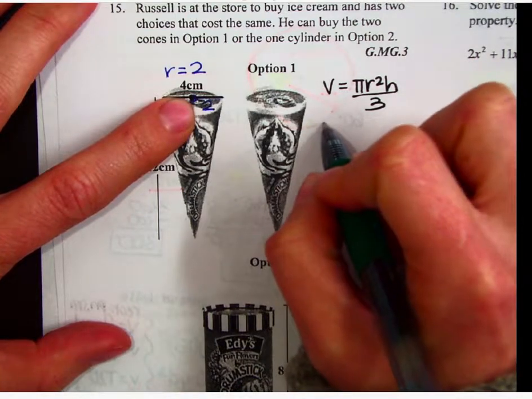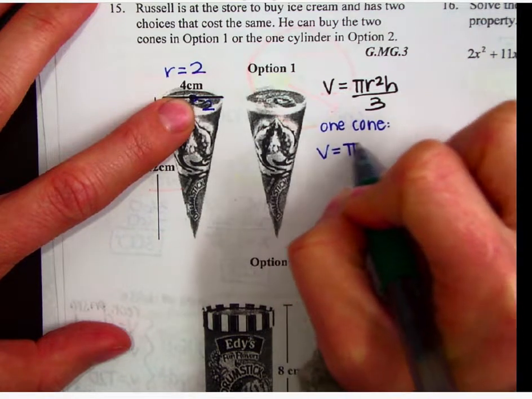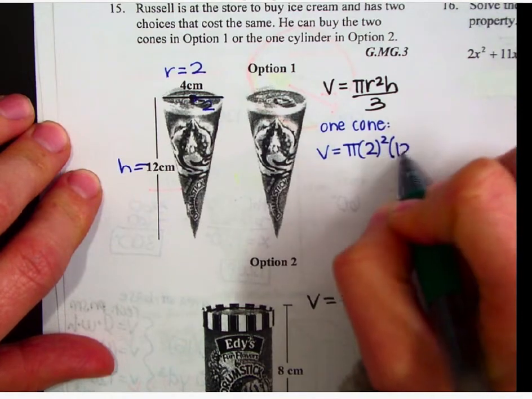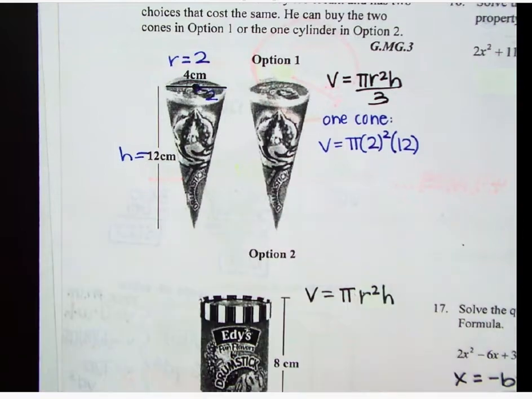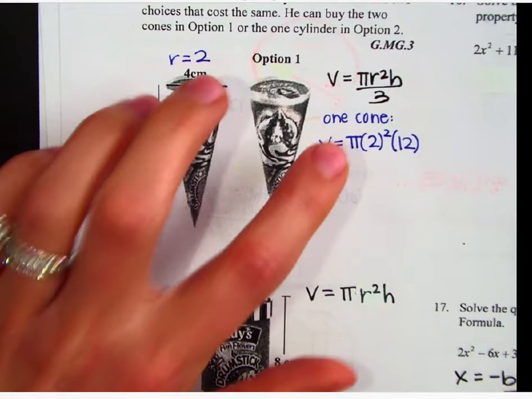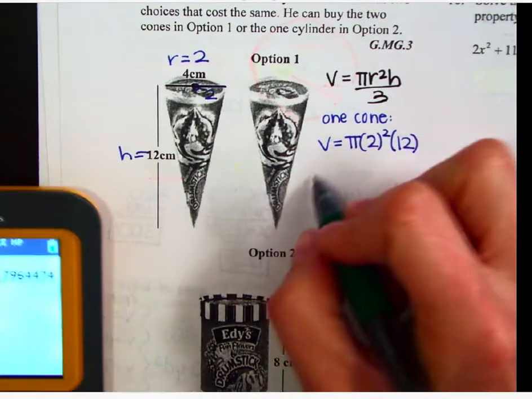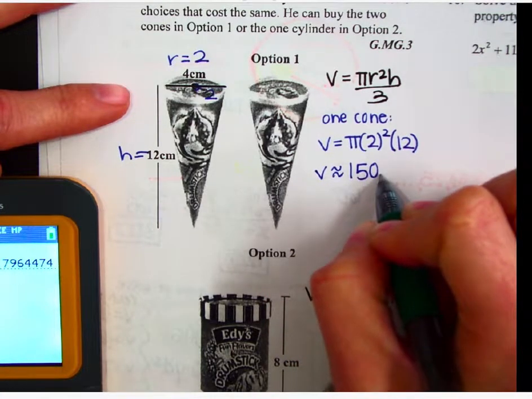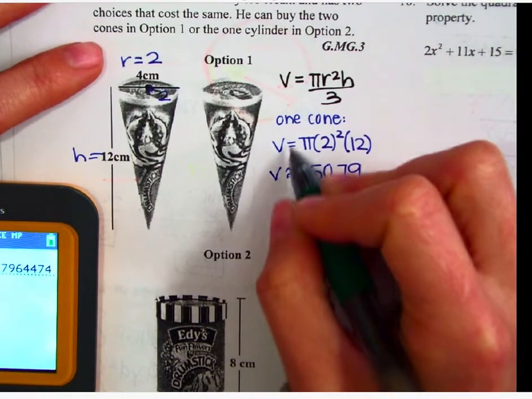So to find the volume of one cone, we're going to use the formula pi times the radius squared times the height. And I'm going to put that into my calculator. You could leave it as exact volume, but I'm going to put it all in the calculator as pi times radius squared times 12. This volume is about 150.79. So this is the volume of only one cone.